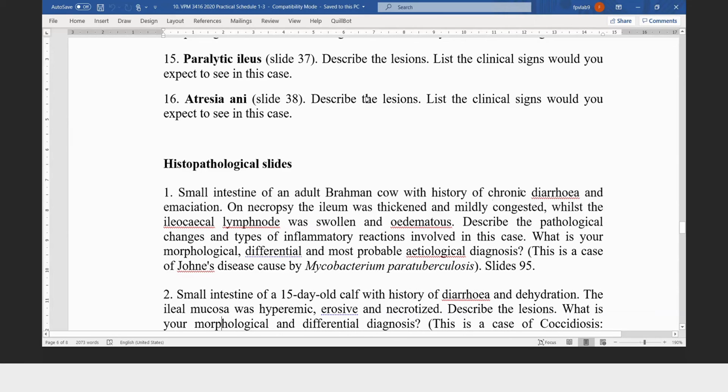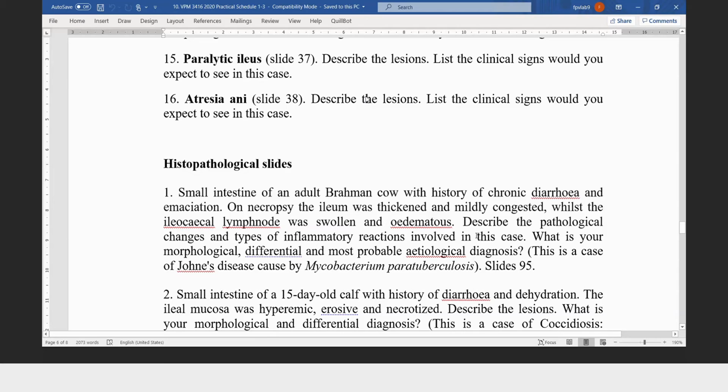They don't mention more, so you have to get some information: what is the classification of diarrhea, and why they got emaciated. And they also give a gross lesion, thickened, mildly congested. See that they are thickened only, no necrosis. Congested, but the lymph node is enlarged and swollen.